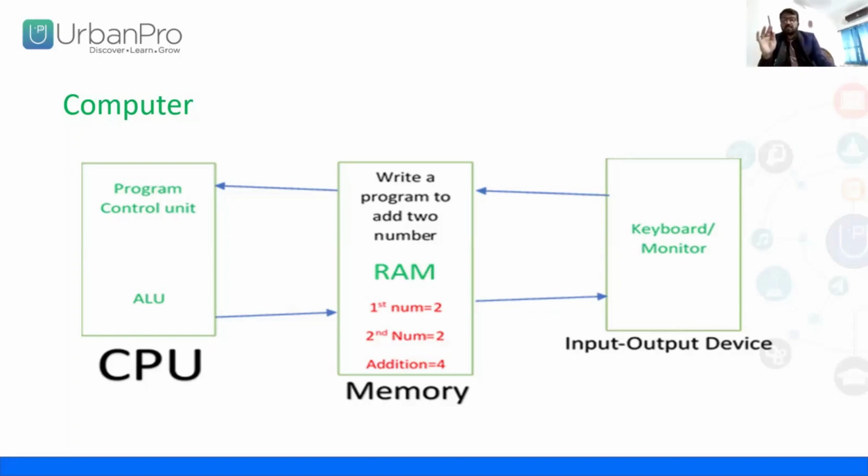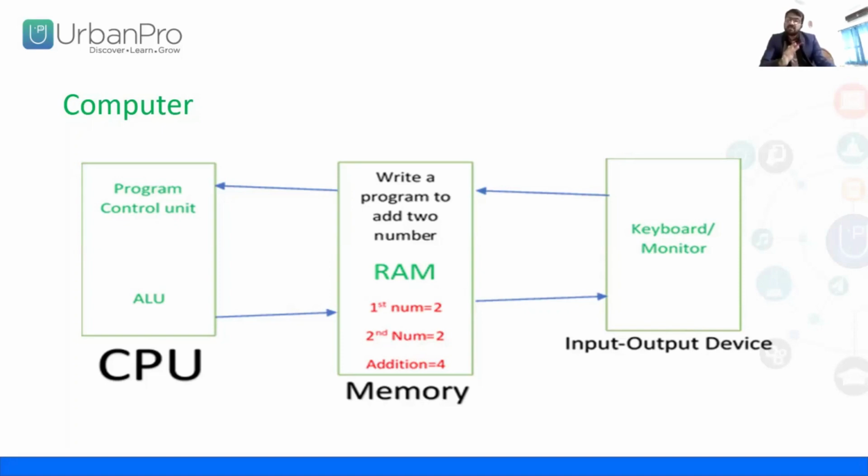Again, you see, like the brain, there is a control unit. Here the name of the control unit is program control unit. It controls the flow of instructions inside the computer. First of all, we will write a program using the keyboard to the RAM, and from RAM it goes to the central processing unit.